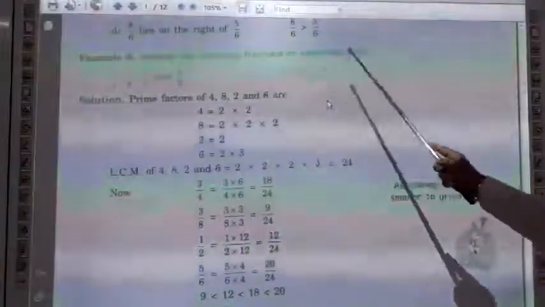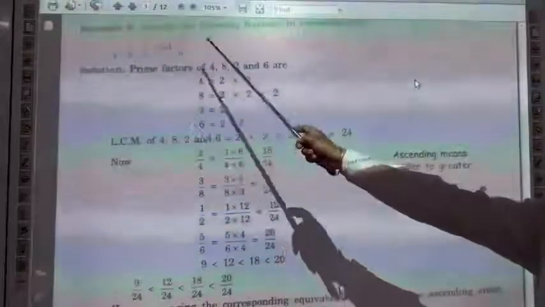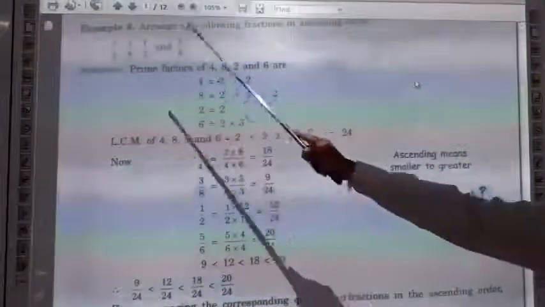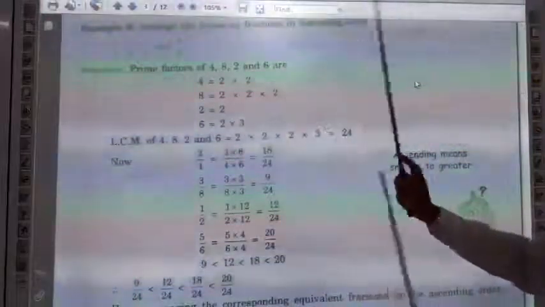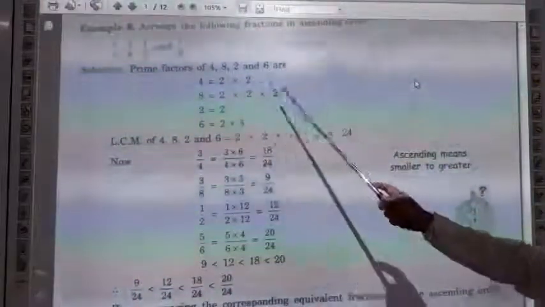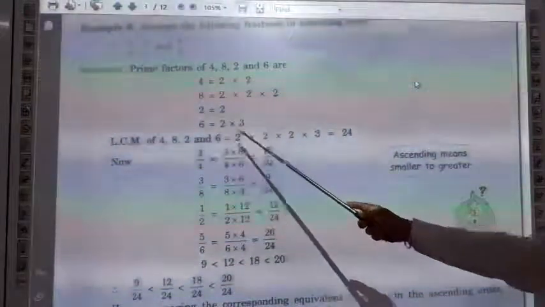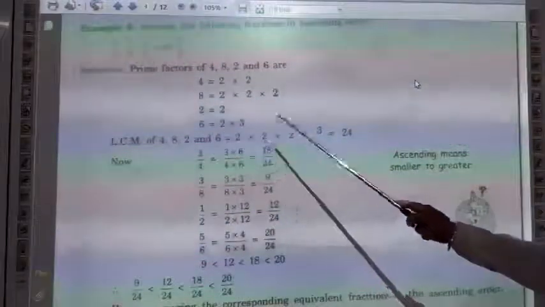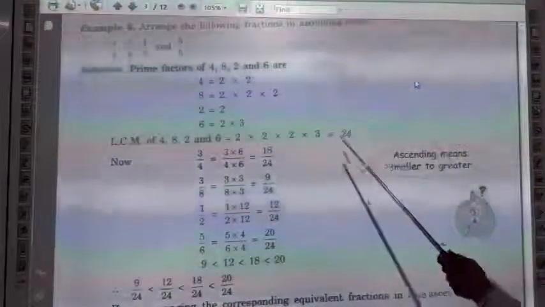Now next example, arrange the following fractions in ascending order: 3/4, 3/8, 1/2 and 5/6. Now solution is, prime factors of 4, 8, 2 and 6: 4 is equal to 2 multiplied by 2, 8 is equal to 2 multiplied by 2 multiplied by 2, 2 is equal to 2, and 6 is equal to 2 multiplied by 3. LCM of 4, 8, 2 and 6 is equal to 2 multiplied by 2 multiplied by 2 multiplied by 3, which is 24. LCM is 24.